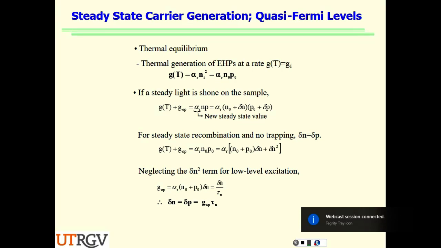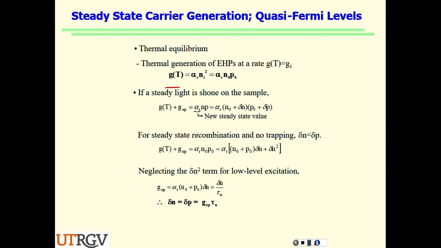The mechanisms of recombination, whether direct or indirect, are important at thermal equilibrium or with a steady state generation and recombination process going on in balance. For example, if a semiconductor is at thermal equilibrium, and then it faces generation of EHPs at a rate, let's call it GT, which is generation with respect to temperature.